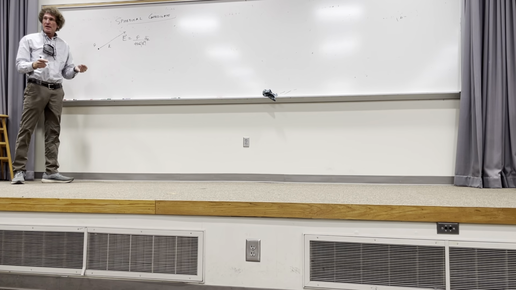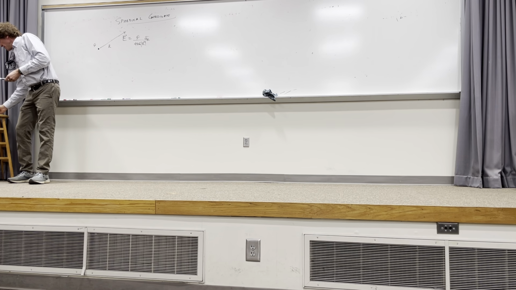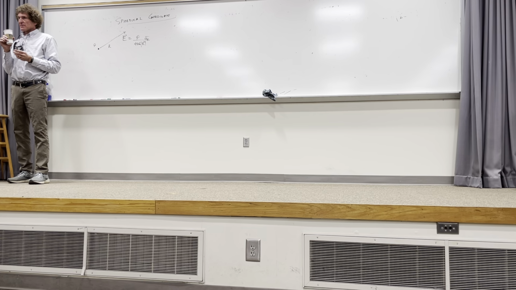Do y'all remember that? That was the electric field. We got that from the force equation, by dividing the force on charge 2 by charge 2, and we created something called the electric field.